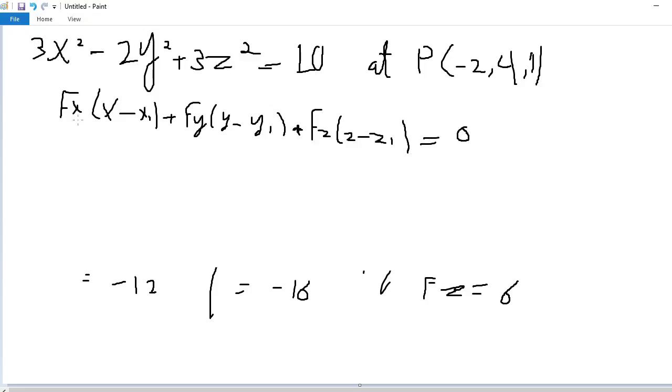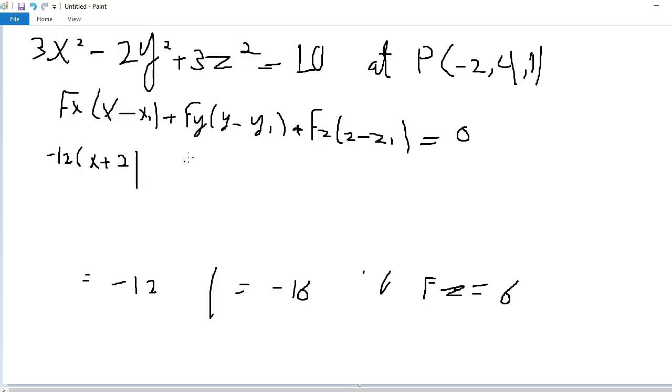So fx here is minus 12, so we will write minus 12, then x minus x1 here is negative 2. So negative with negative is going to be plus 2.